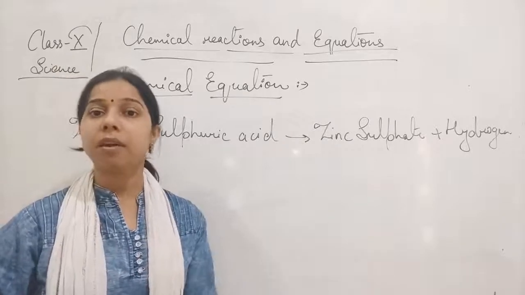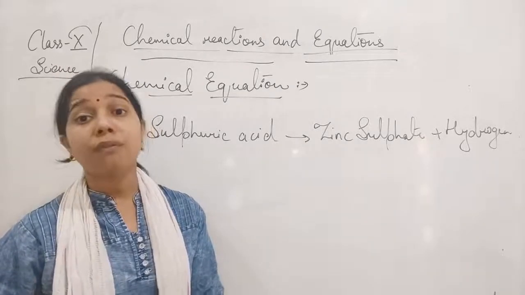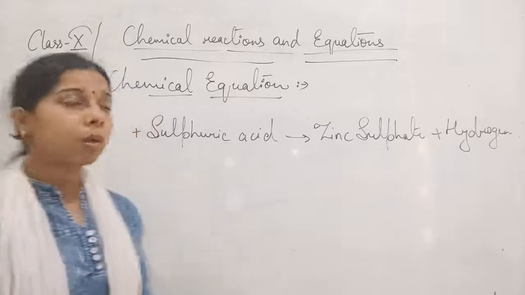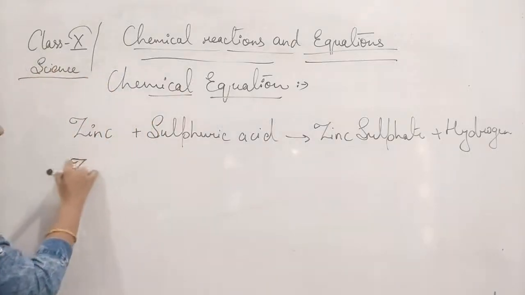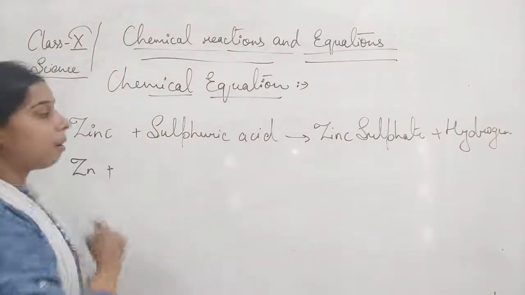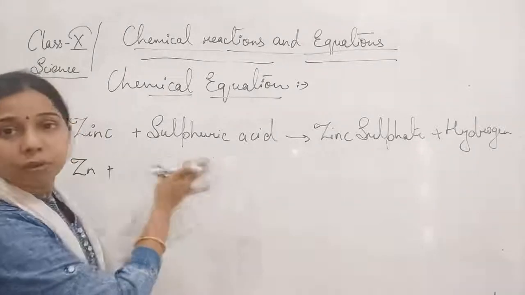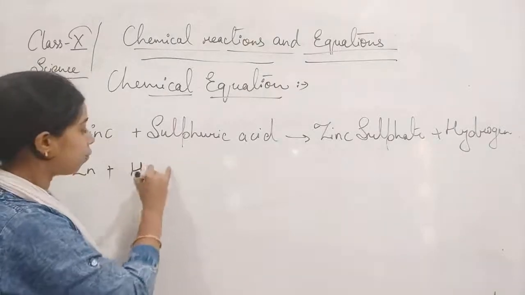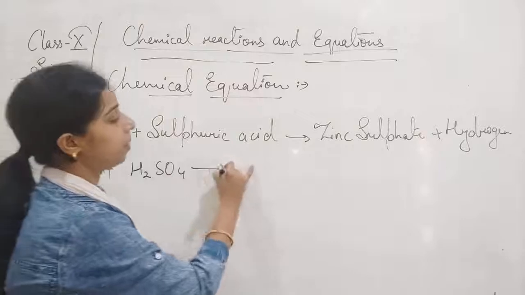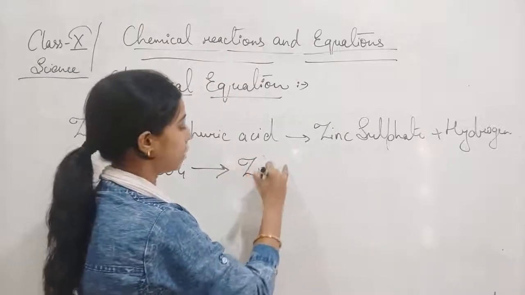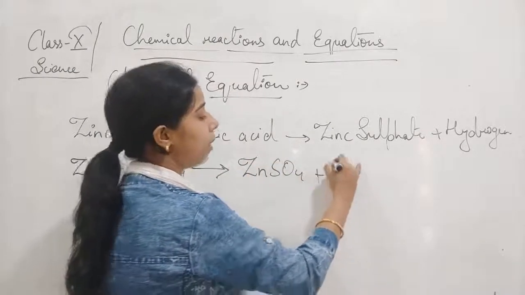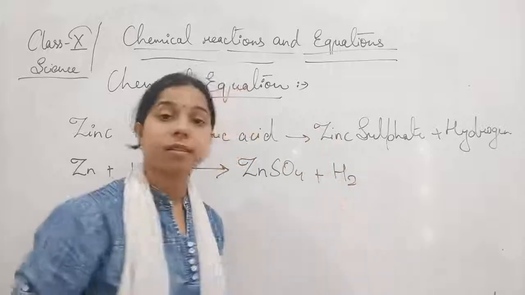And how will we write it? With the help of symbols or formulas. The symbol of zinc is Zn. The formula of sulfuric acid is H2SO4, the formula of zinc sulfate is ZnSO4, and that of hydrogen is H2.